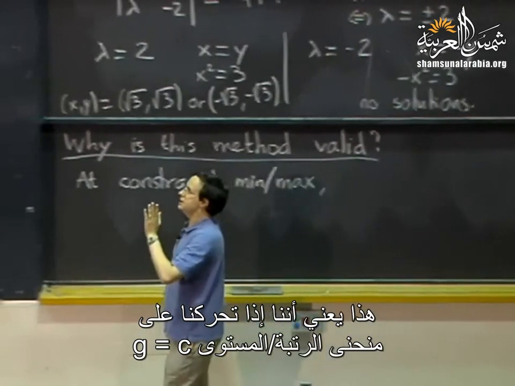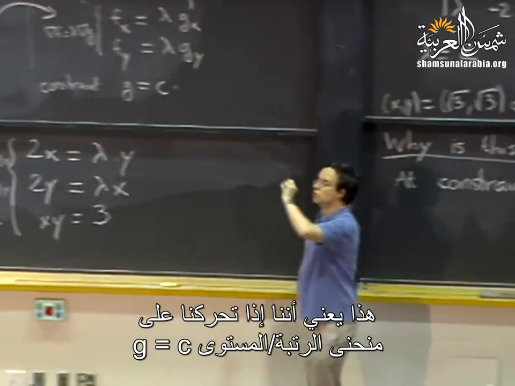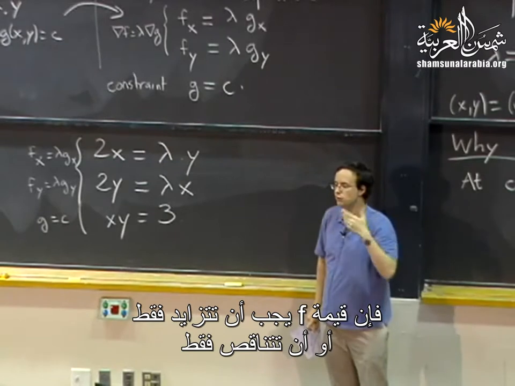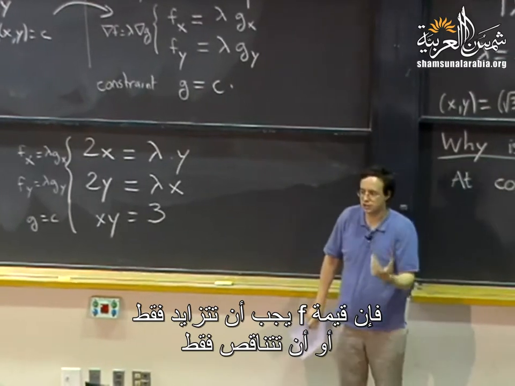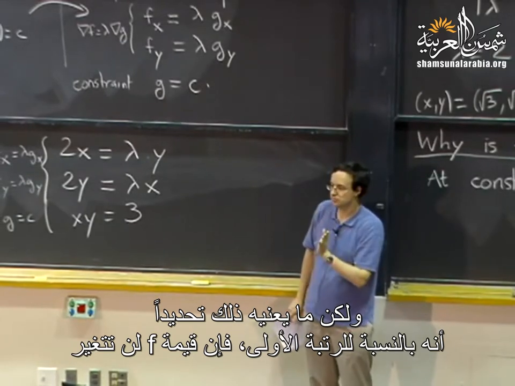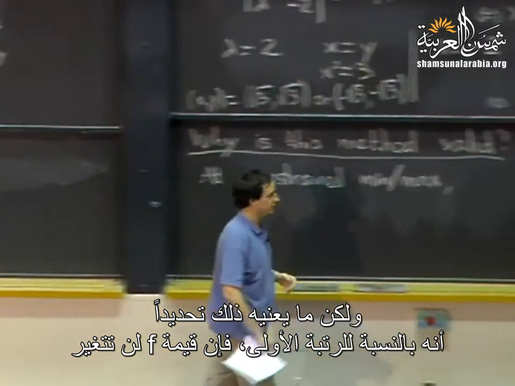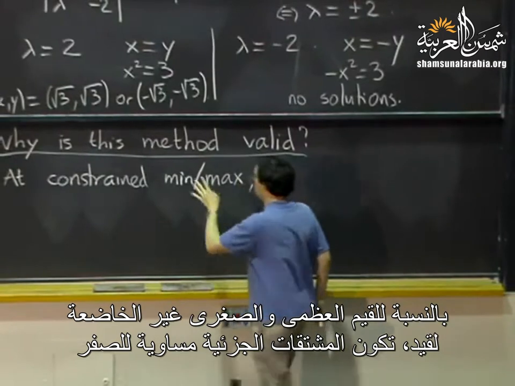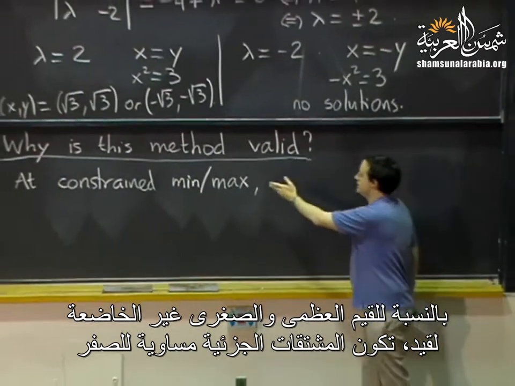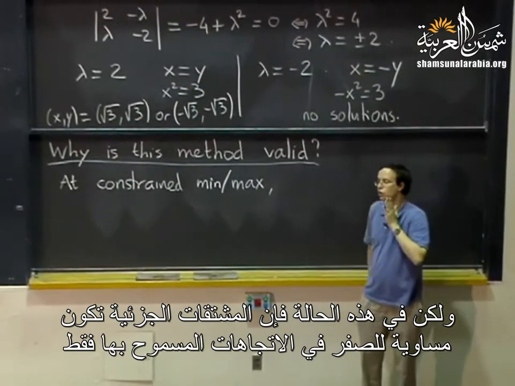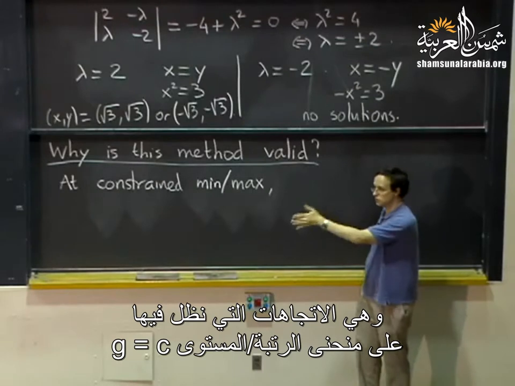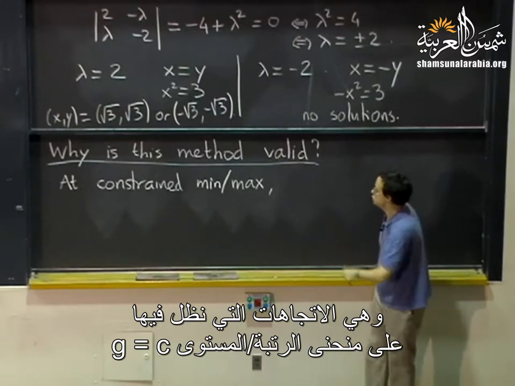So what that means is that if I move on the level g equals constant, then the value of f should only increase or only decrease. But it means in particular that to first order, it will not change. At an unconstrained min or max, the partial derivatives are 0. In this case, the derivatives are 0 only in the allowed directions, and the allowed directions are those that stay on the level surface, g equals constant.